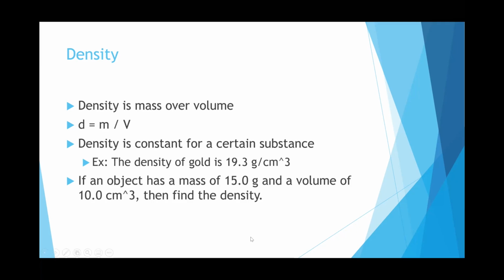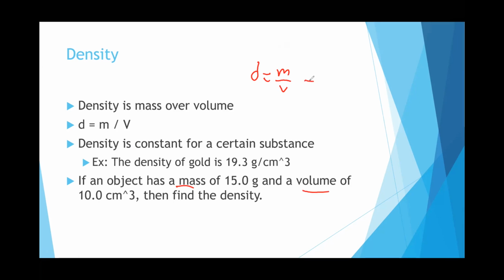So let's do this calculation. This one's not a poll question; this is just for me to do one with you. It's an easy density problem. If an object has a mass of 15 grams and a volume of 10 centimeters cubed, find the density. In a density question, we always know two variables and we solve for the third. We're given a mass and a volume, so we solve for density.